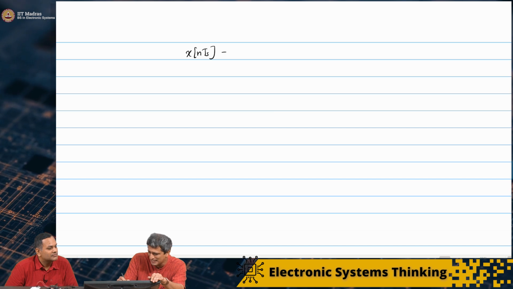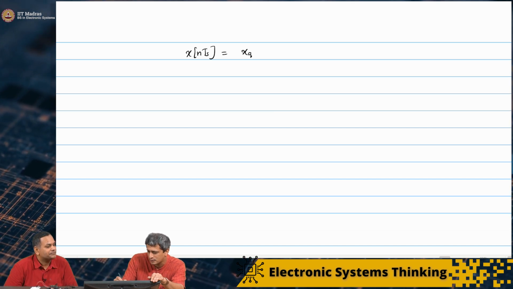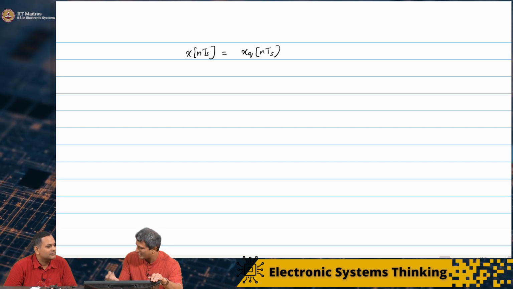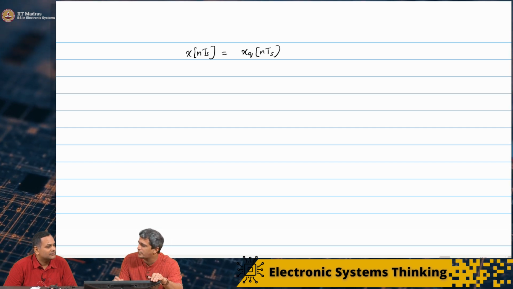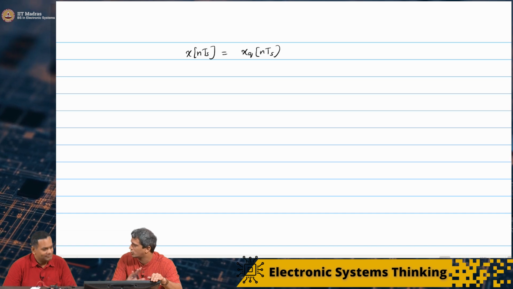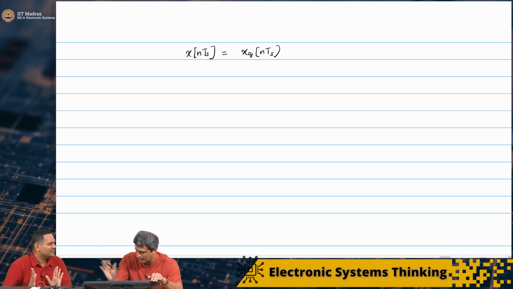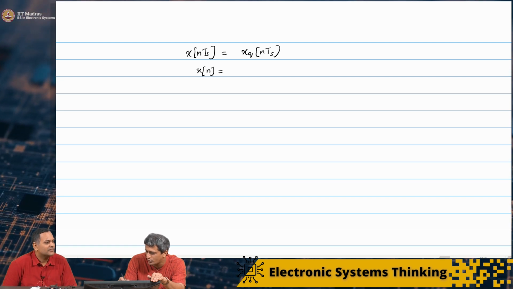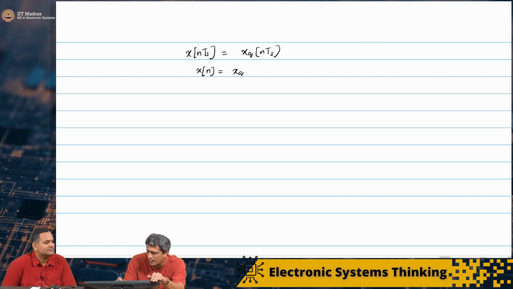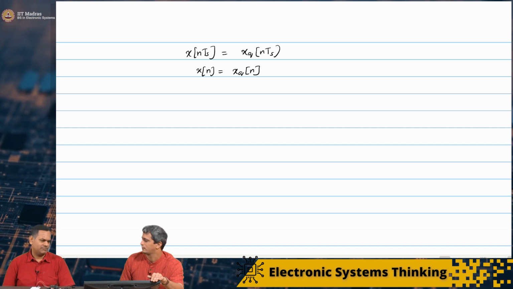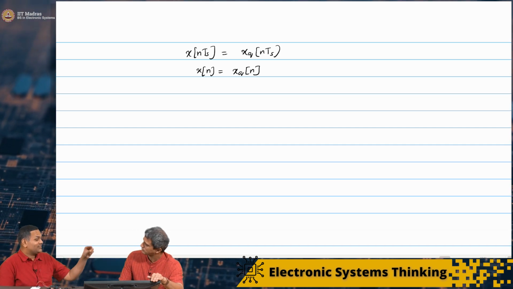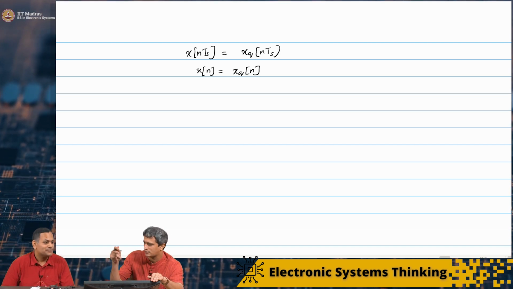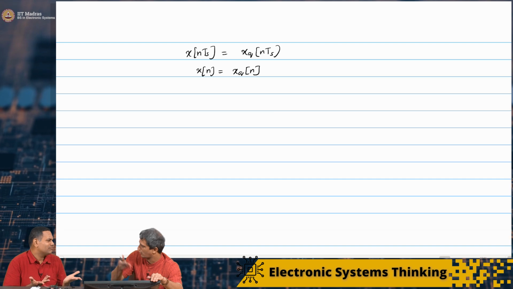So can you help me now plot x of nTs, any sample, and xq of nTs? In general in signal processing we tend to drop this Ts because we know the sampling rate is a constant number. So we will refer to these as x of n and xq of n. For that channel, we fixed it at some 8,000 or 44,100.